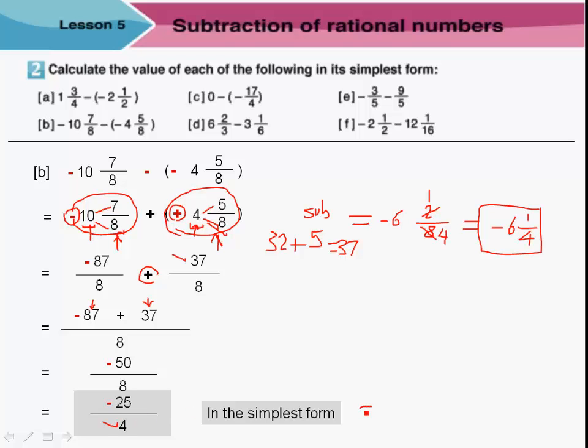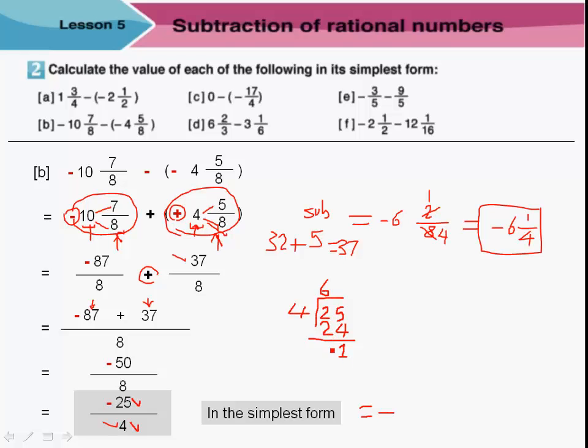But as I told you, we have here the minus sign, and the numerator is bigger than the denominator. So using a scientific calculator or dividing 25 by 4: 6 times 4 equal 24, 25 minus 24 equal 1.